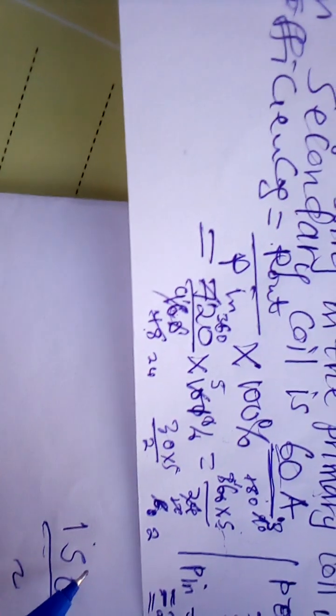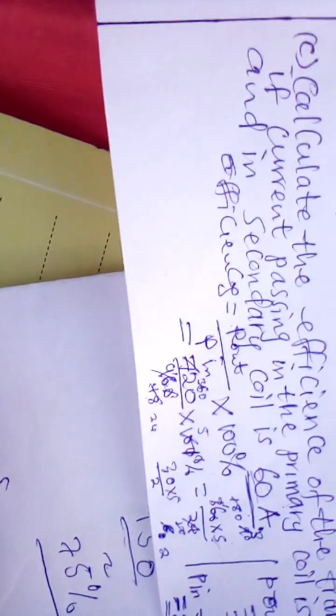Then remember 1. We add it to 10. So 2 into 10, the answer is 5. So you can see, finally, we have discovered that the efficiency is 75%. So therefore, efficiency is equal to 75%.